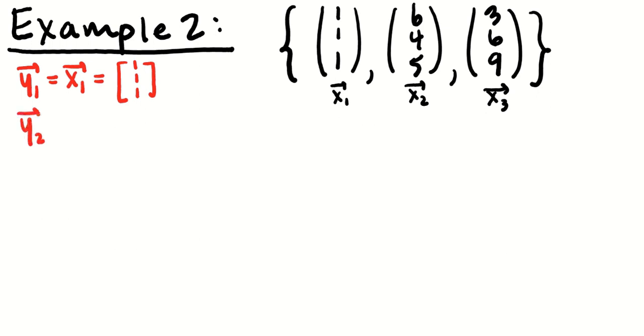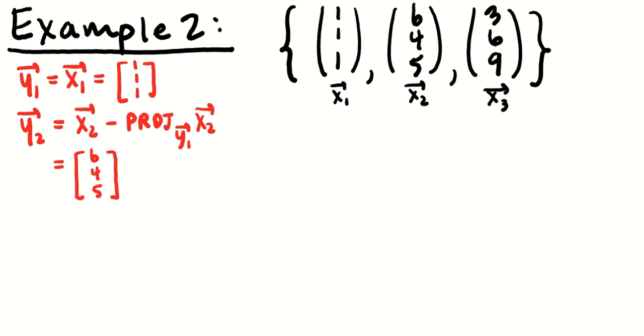Okay. y2 is going to equal x2 minus the projection of x2 onto all the y vectors before it, which would just be y1. So x2 minus the projection of x2 onto y1. Now that's going to be x2, which is 6, 4, 5, minus, okay, I'm going to need to dot x2 and y1.